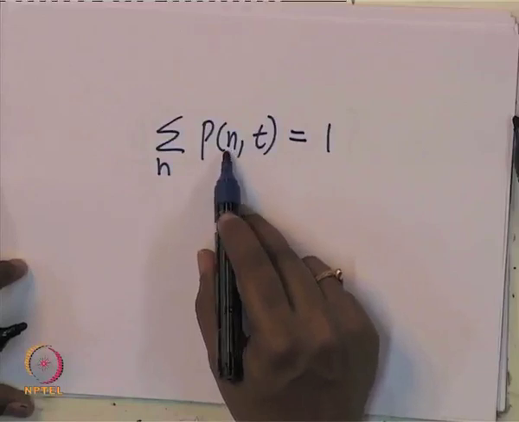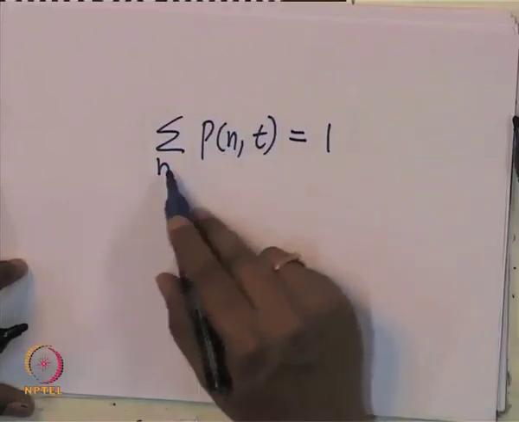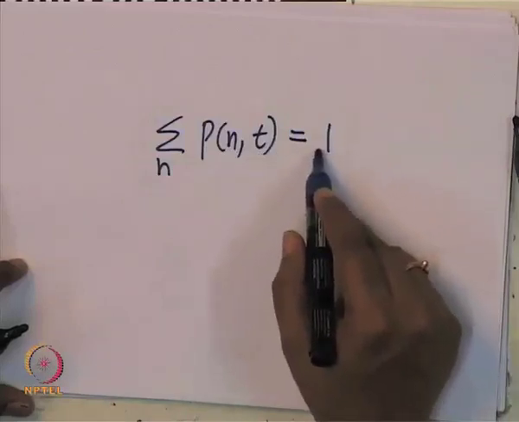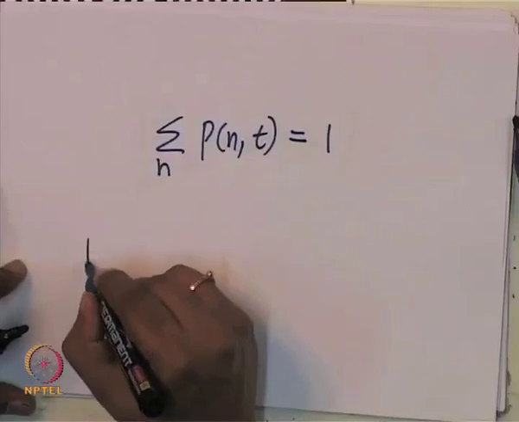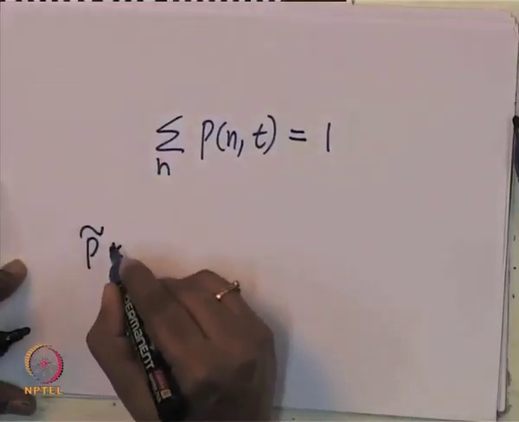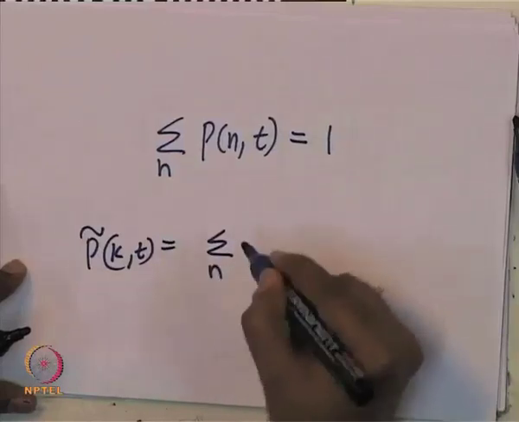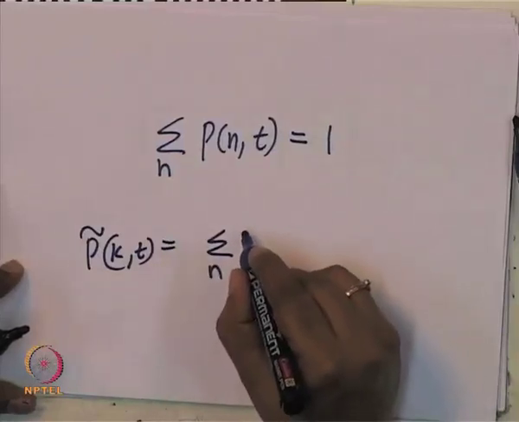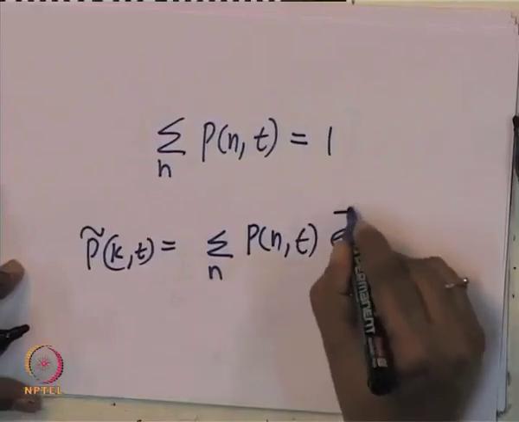So, the sum of all probabilities has to be 1. Now, our definition of p tilde of k of t is the sum over n of p of n comma t e power minus k n.